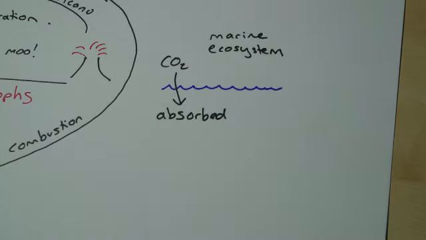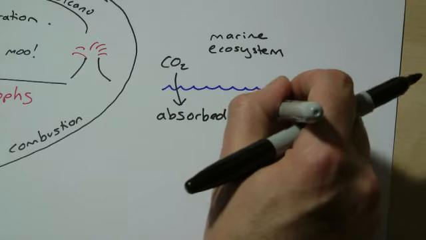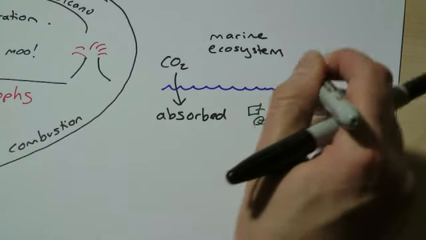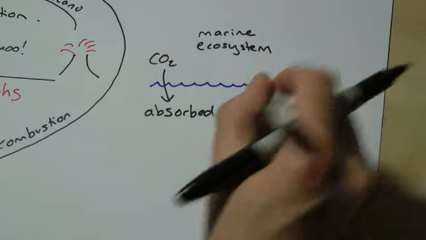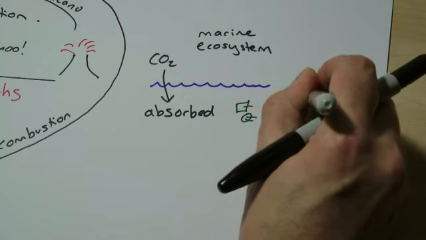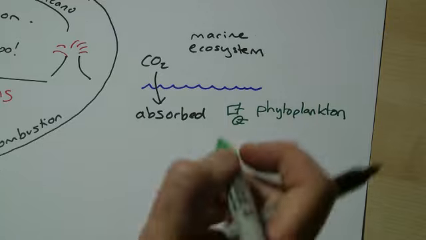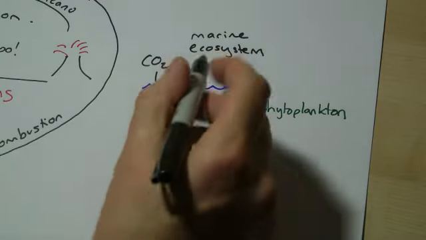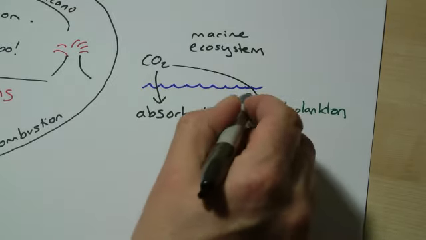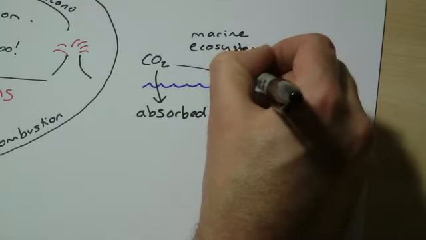Of course, we've also got in the water what we might call phytoplankton, which are tiny marine organisms that can photosynthesize. So they would be taking carbon dioxide out via photosynthesis.